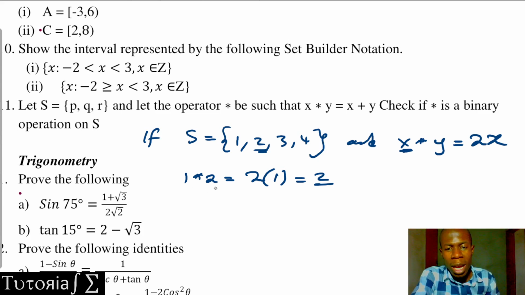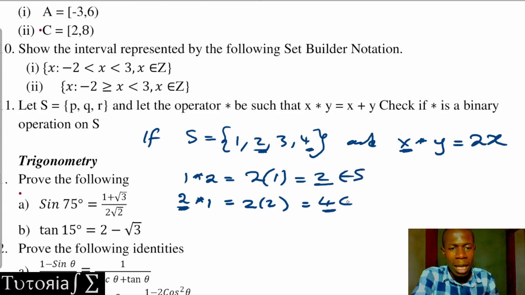We can also try the reverse, 2 star 1. We're just considering the x part, which is 2 times 2, which will be equal to 4. So 4 is part of this set, so this is an element of S.